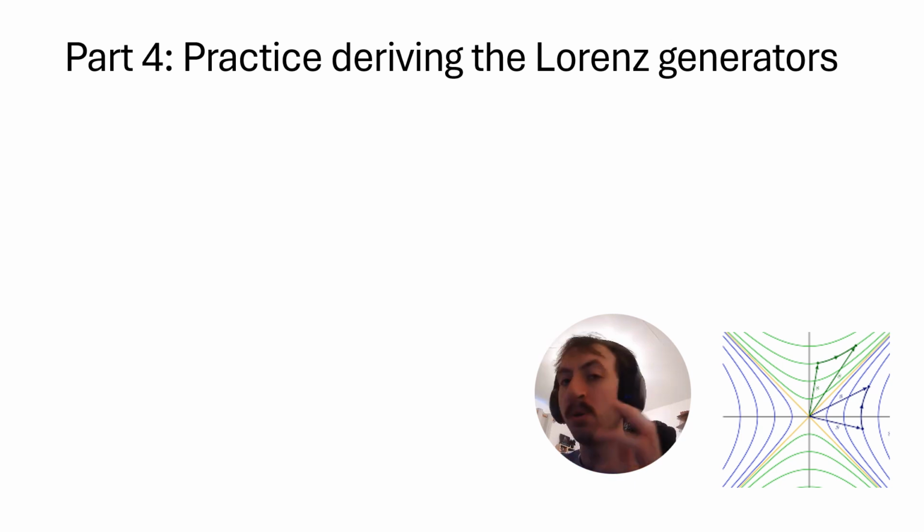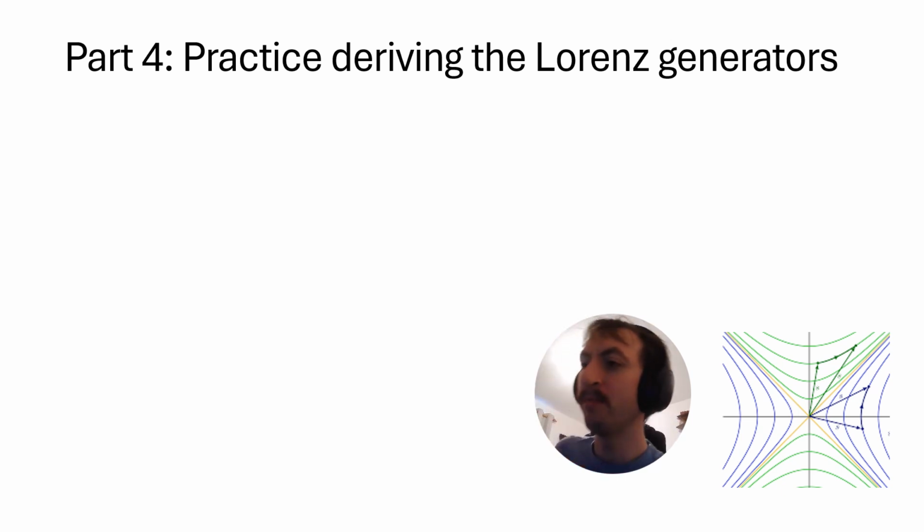So now we've got a generator of Lorentz boosts. Let's find another generator. This will both help us have a bit of practice with working out generators, because I know finding generators is probably a fairly new thing.